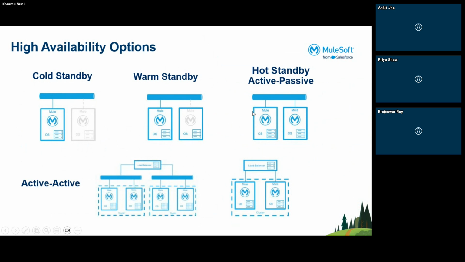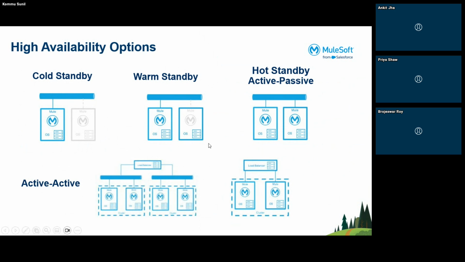So you can have a load balancer here as well, if you want to use this server as well. In the event of this failing, this will pick it up. In the event of this failing, this will pick it up. And even in the event of this whole data center going down, or the cluster going down, the other cluster will take it up, right? Yeah. So this is nothing but a section of this, right?